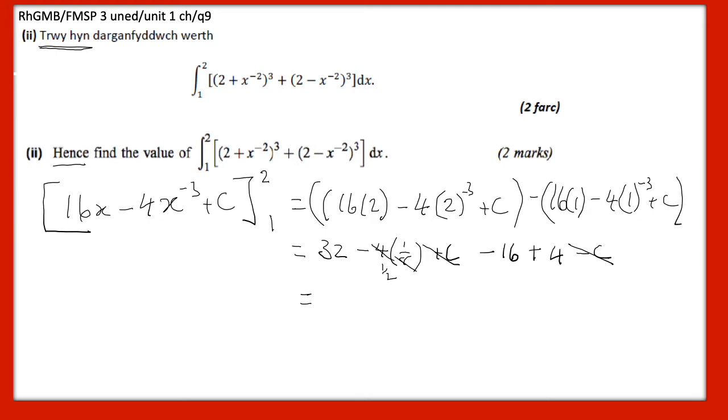I've got 32 minus 16, which is 16, plus 4, which is 20, minus a half. So it doesn't really matter how I do this. If some people like to do them in brackets and then minus it, it doesn't make any difference. So I've got 32 minus 16, which is 16, plus 4, which gives me 20, minus a half, which gives me 19 and 1/2. But I would personally prefer to write that as 39 over 2.